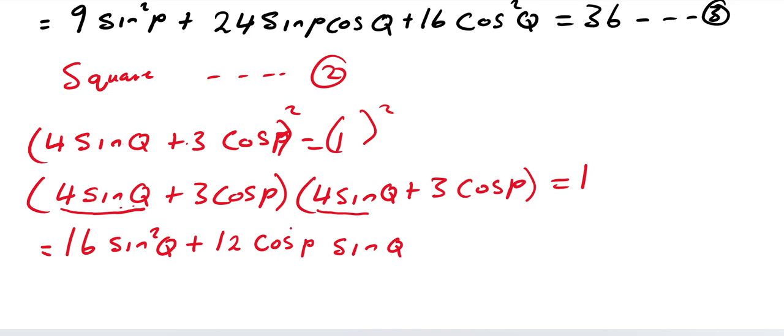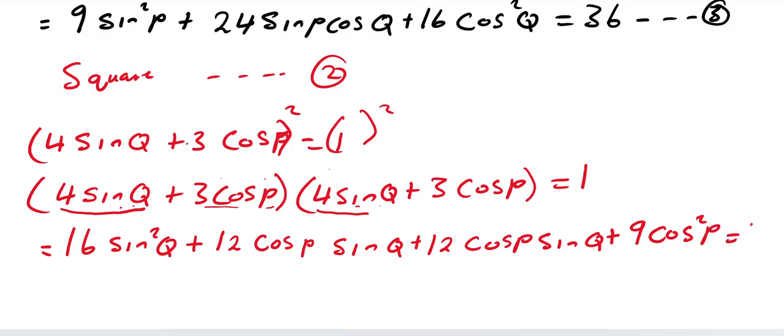And then 3 cos p multiplied by 4 sine q is the same, 12 cos p sine q. Now 3 cos p multiplied by 3 cos p gives 9 cos squared p, equal to 1.